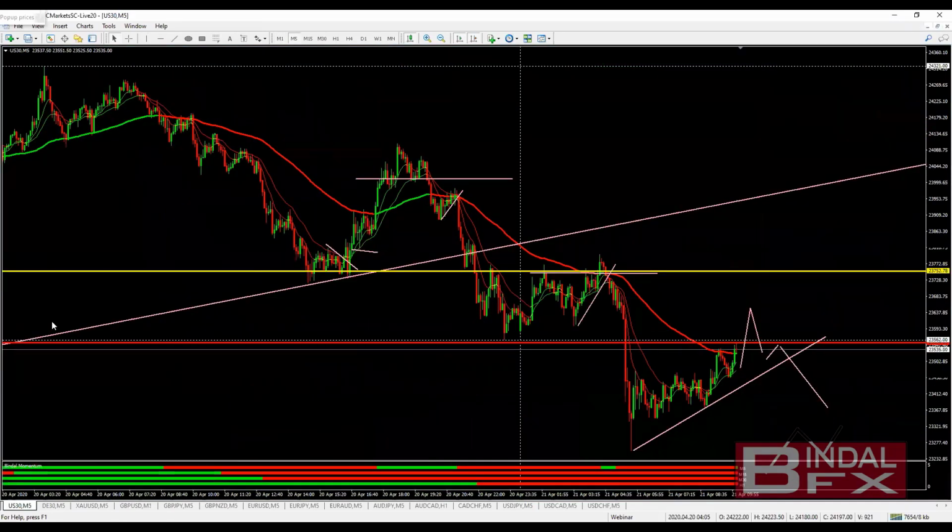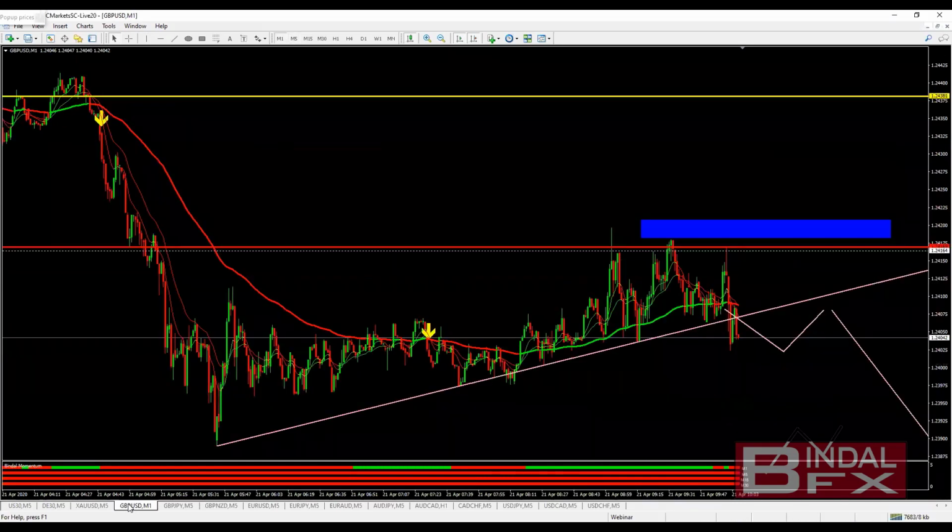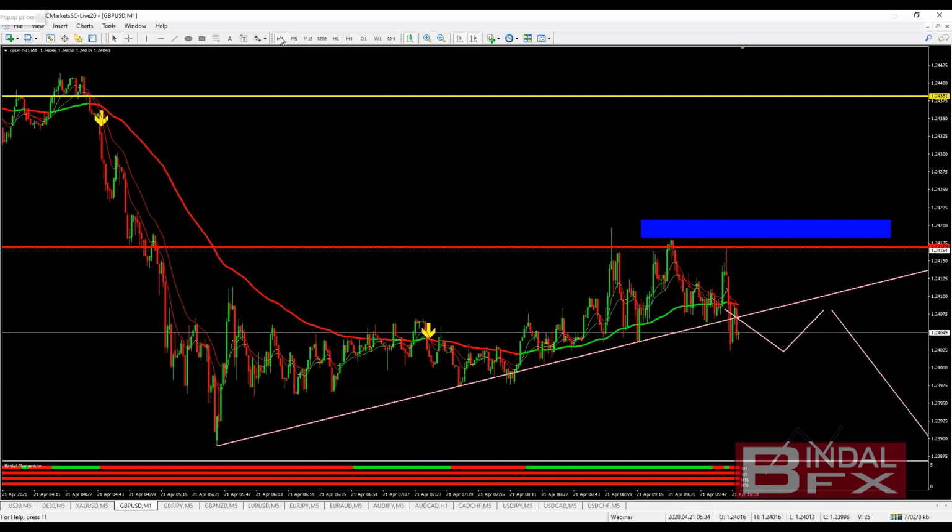I don't want to go long on it at all in this current scenario with the price action. But that looks like it still might take a bit of time. So GBP USD is the one.